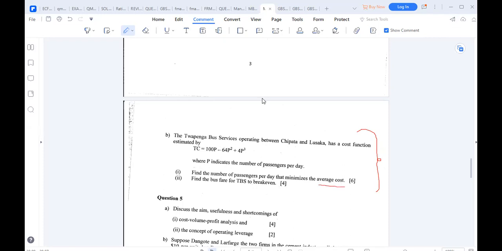Average cost. So what are we given? Tell me the total cost. Total cost is 100p minus 64p squared plus 4p to the power 3.